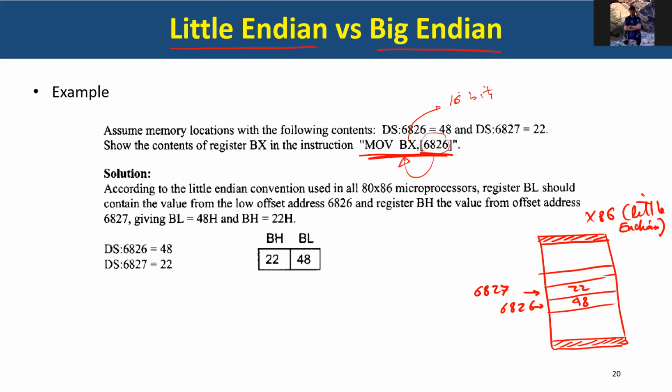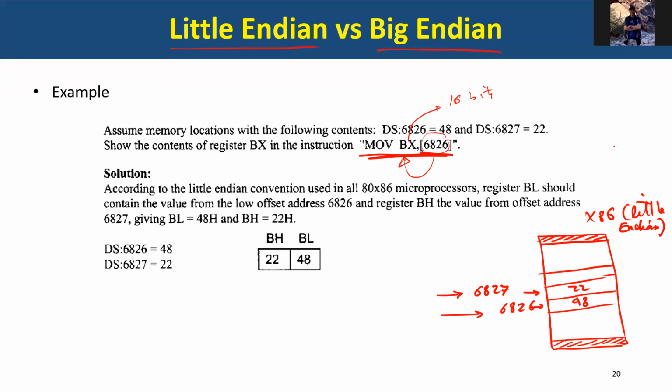So actually what's in location 6826 and the following one will go. This following one might be lower or higher based on the style that we adopt. x86 adopts little endian, so it will take that location and the higher one. So we're targeting 6826 and 6827.